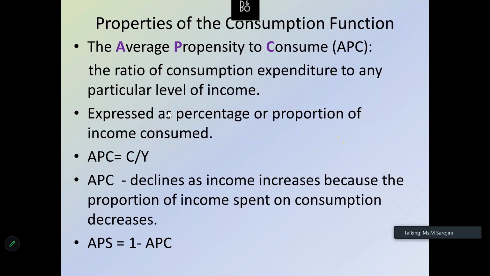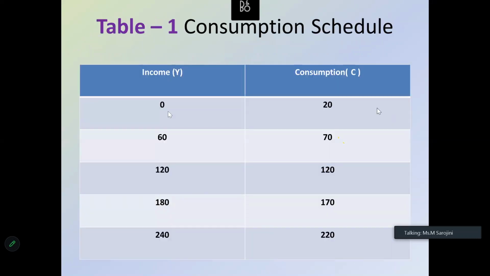Here you can observe this schedule. Here, what it explains is the property of the consumption function. The important one is the APC, the average propensity to consume. What is average propensity to consume? It explains the average income spent on consumption purposes.